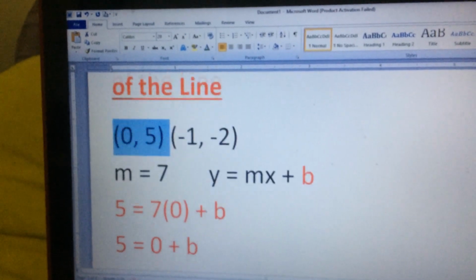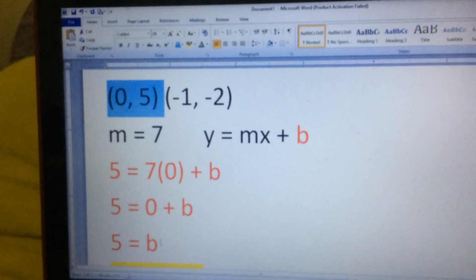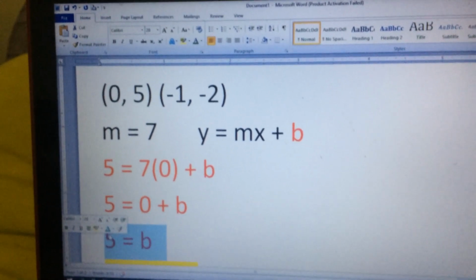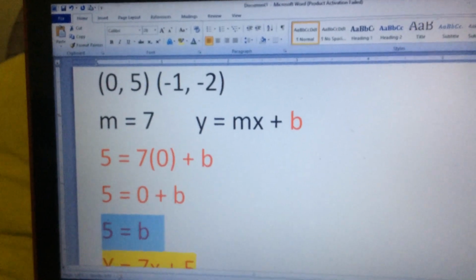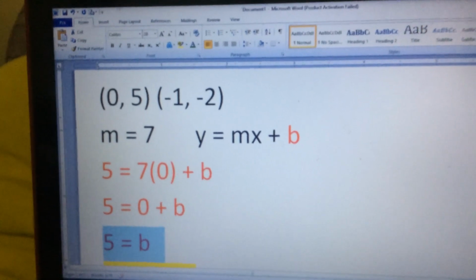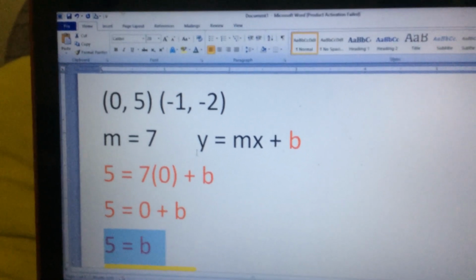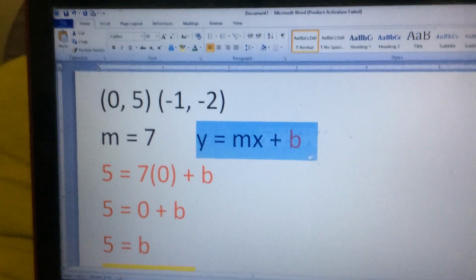After that, you substitute all these values, the value of m, x, and the y, until you get the y-intercept, or the b. After obtaining the b and after determining the slope, you substitute it to this equation, y equals mx plus b.